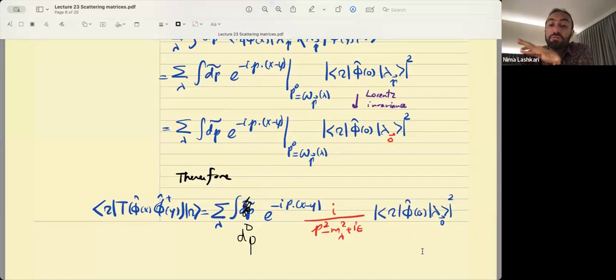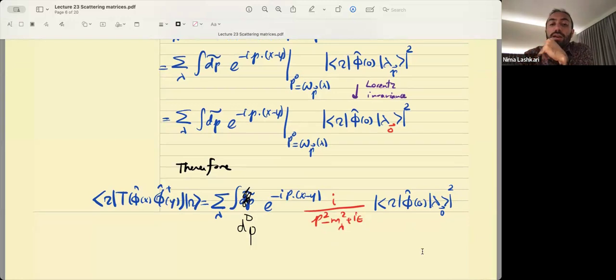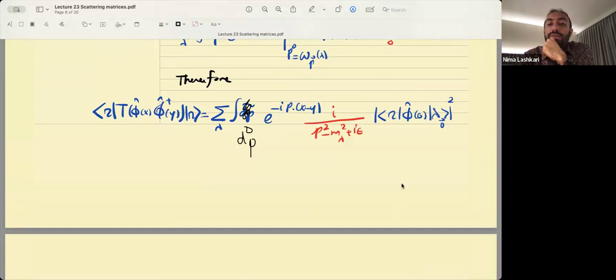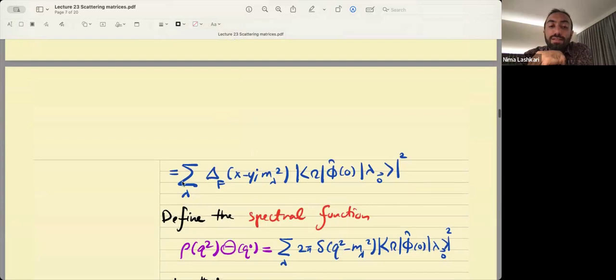Everything we've said is about an interacting theory. Everything is just fully general. Now, another thing to say is that we now bring the sum over lambda inside. So what this looks like is that we learned that the propagator of an interacting theory could be written as a sum over lambda of the propagator of a free theory with some m lambda squareds, and these are the coefficients, right?